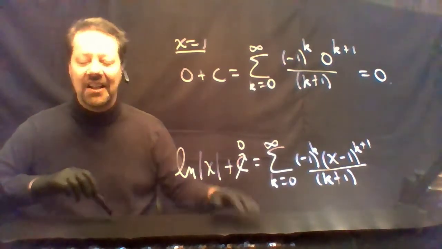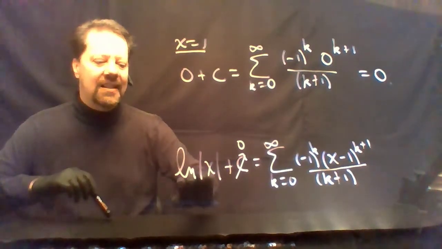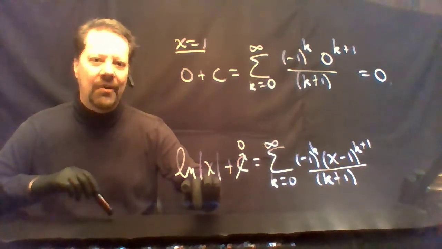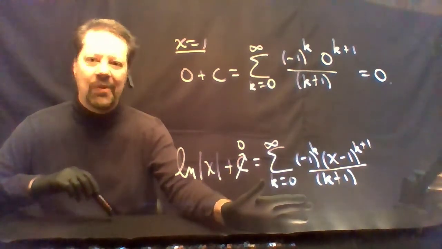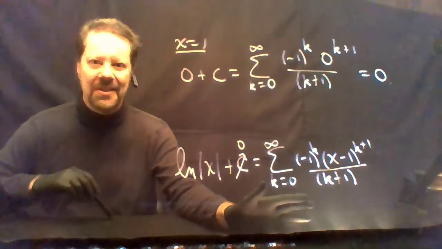Isn't it a little remarkable that some of the functions that you've come to know and love may be represented as power series? To go further down this path, we need to know what functions can be represented as power series. These power series are very interesting functions.